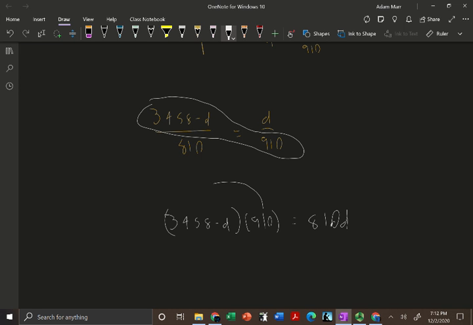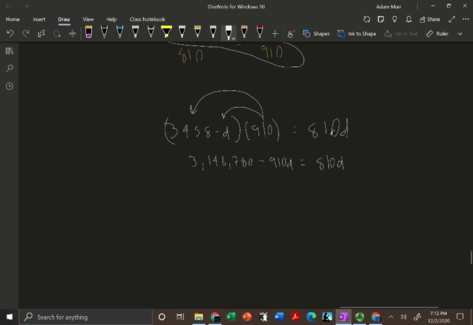All right, we'll distribute. 910 times 3458 is going to give me 3,146,780. 910 times negative D is minus 910D equals 810D.